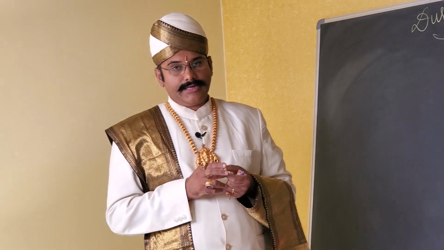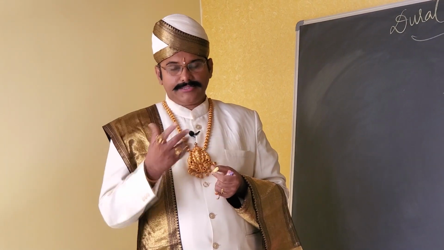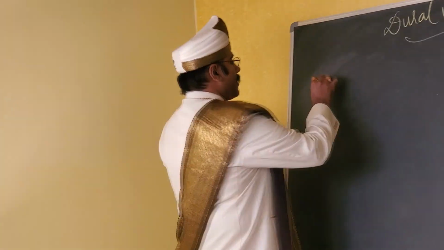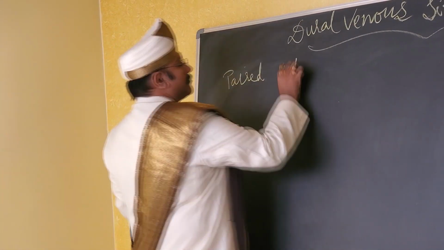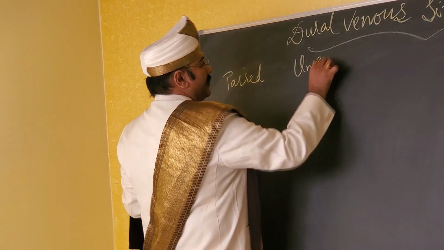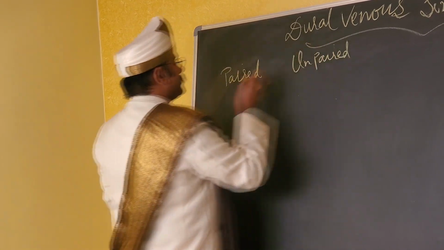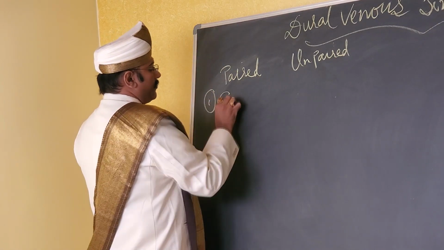Now let us classify the sinuses. Let us know their names. So they are paired and unpaired dural venous sinuses. We will learn first the paired dural venous sinuses.